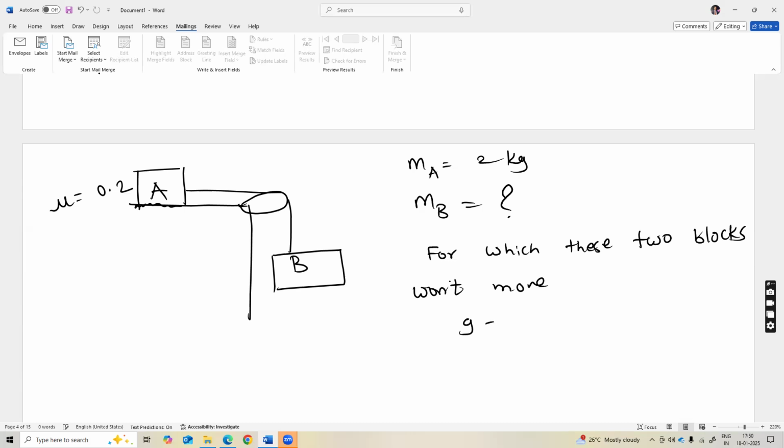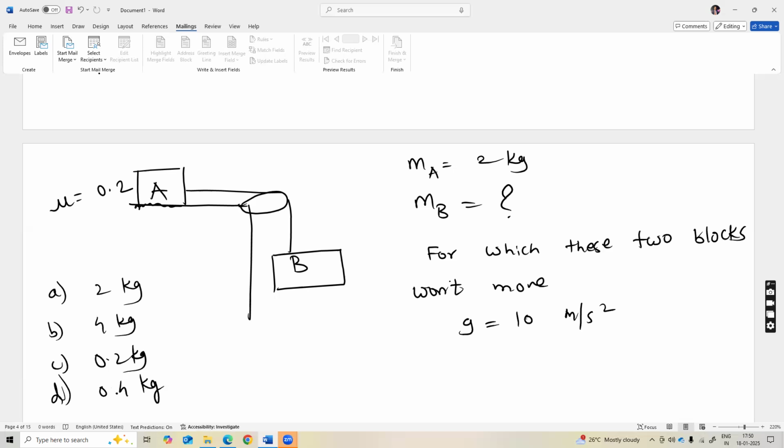The acceleration due to gravity is 10 meters per second squared. The options are A: 2 kg, B: 4 kg, C: 0.2 kg, and D: 0.4 kg.